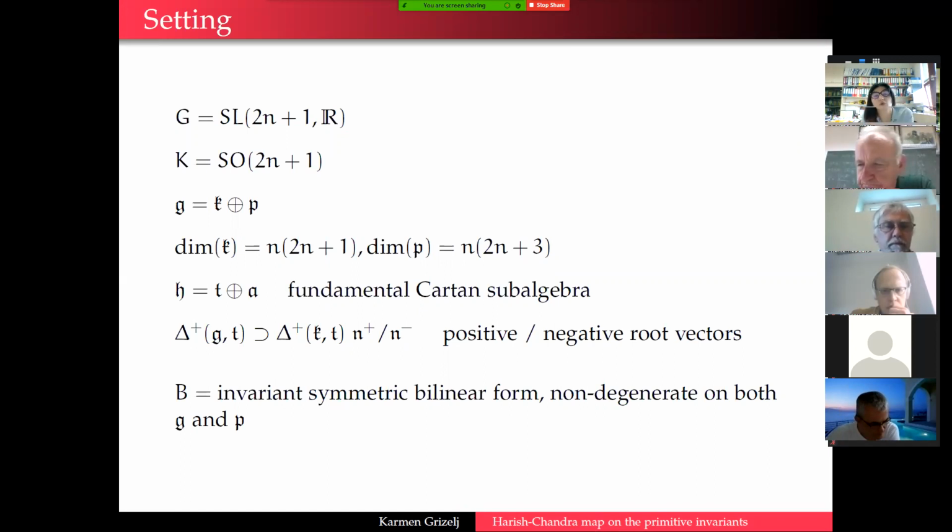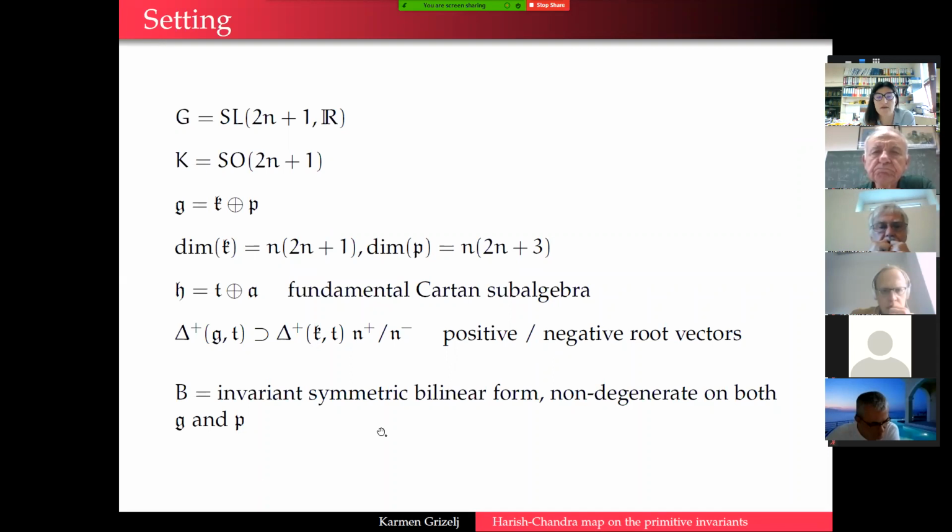Our Lie group will be SL odd. Why is it odd? I will tell a bit later. The maximal compact subgroup will be SO. So we have a standard Cartan decomposition, and in this case the dimension of K will be n times 2n plus 1, and the dimension of P will be n times 2n plus 3.